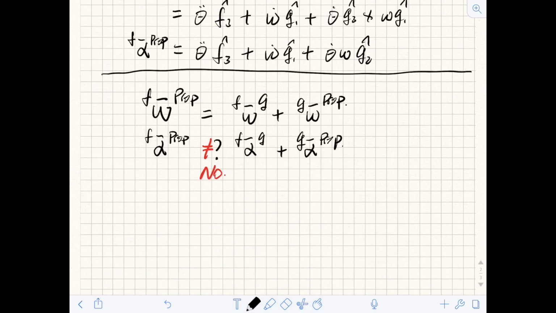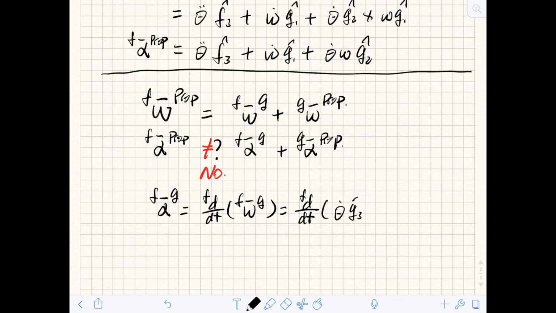Let's see the proof. To find the angular acceleration of g in F, we need to take the derivative of the angular velocity of g in F. And we know that the angular velocity of g in F from earlier is theta dot G3, or, since G3 hat equals F3, this can also be written as theta dot F3.